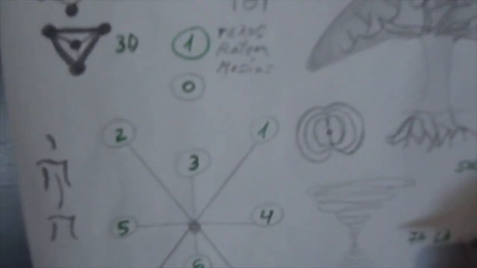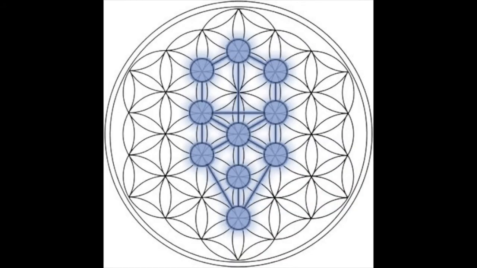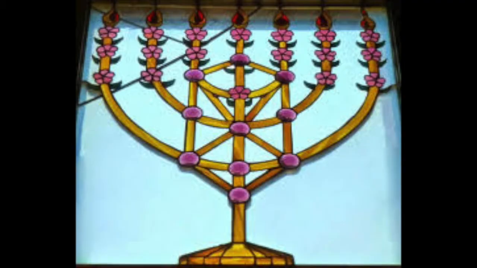You'll find that Sephirotic tree many times depicted in the middle of the flower of life, but always with this sphere missing. And we also find it in the so-called Hebrew menorah with 7 arms.